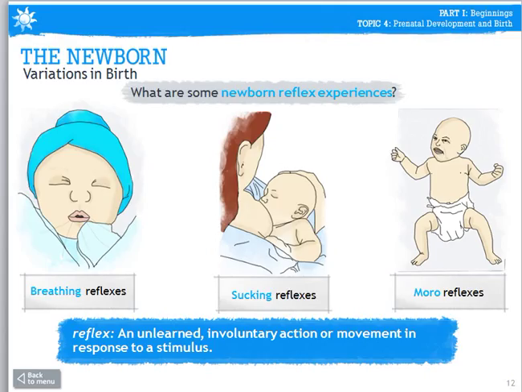Okay, so the breathing and sucking reflexes are necessary for a child's survival. However, there are some reflexes that aren't necessary for survival. They do indicate that the state of brain and body functions is important. So these reflexes tell us a lot about what the brain's doing and how the body is functioning.